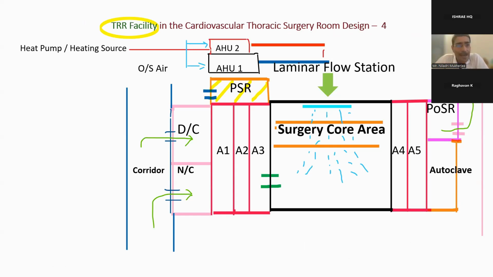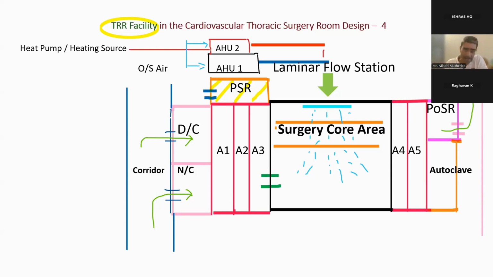Internationally, electrical heating is not recommended. It is through a heat pump or a refrigeration heat pump; normally we recommend a refrigeration heat pump. I made it red. It is for the heating, and HU2 is made exclusively for the heating arrangement.